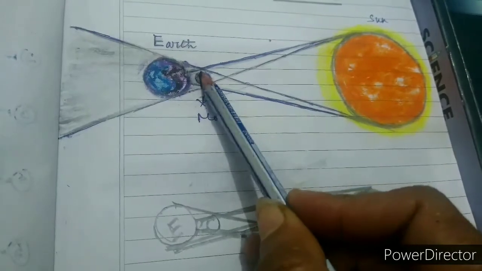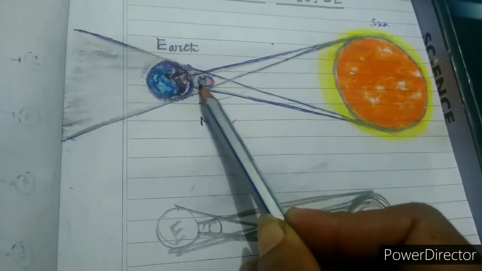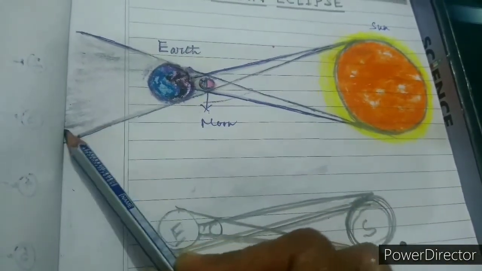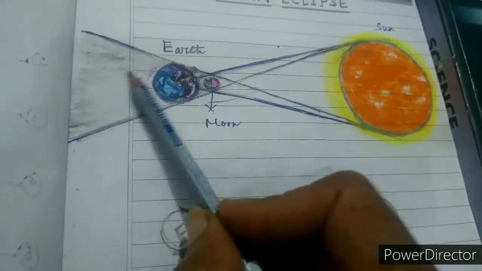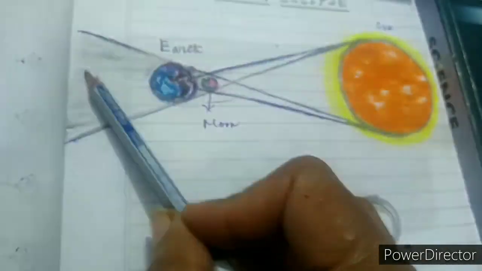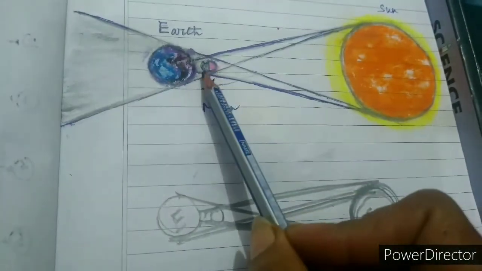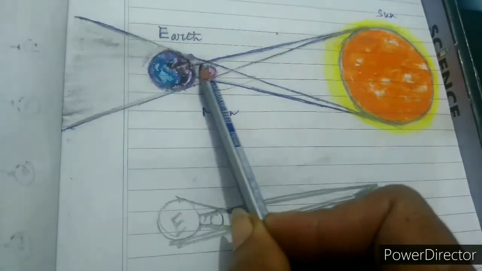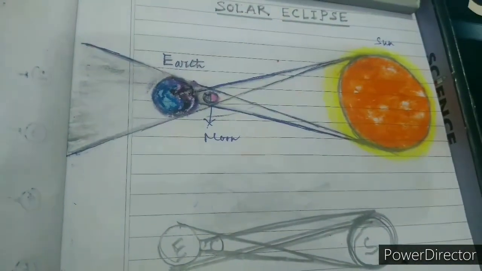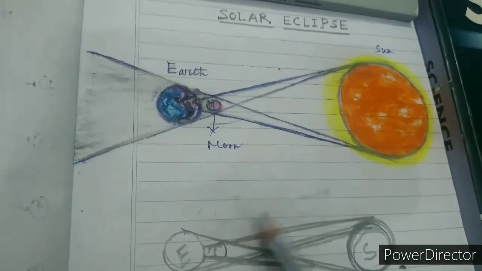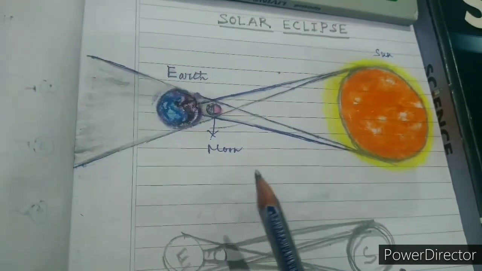This portion is shaded, but it is not completely dark. And this portion is completely dark. You have to make this portion completely dark. So I hope you have understood how to draw these solar eclipses.